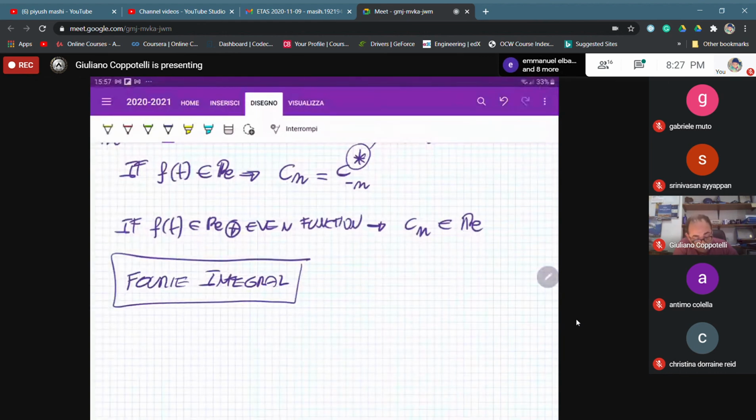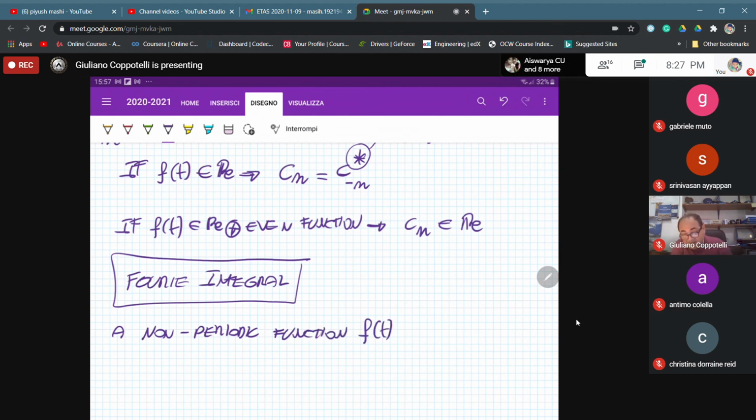What we are requiring now is simply a non-periodic function, or if you want, the period is going to be infinite. That is just a limit function that is satisfying this condition.